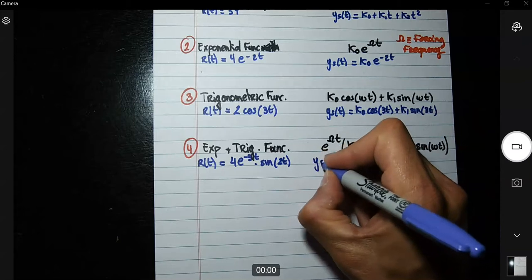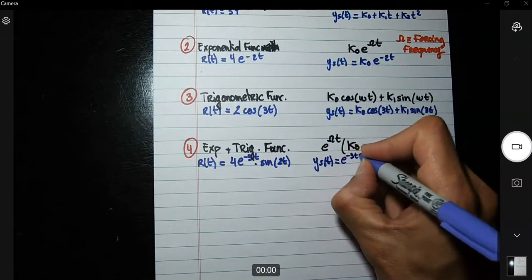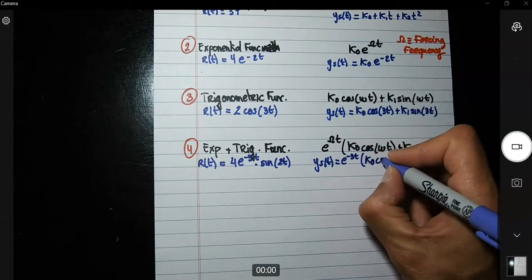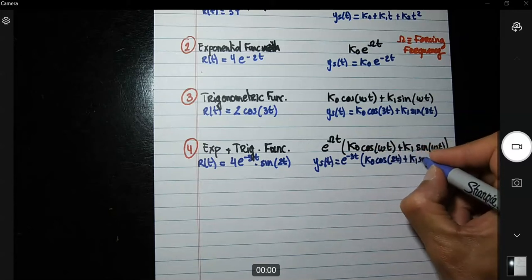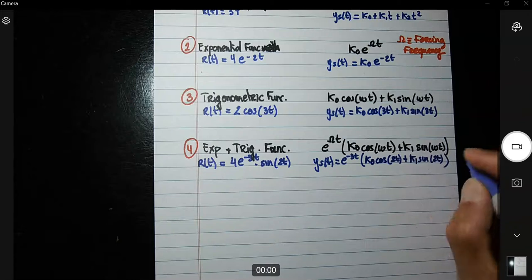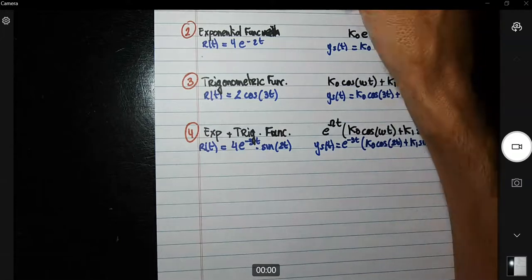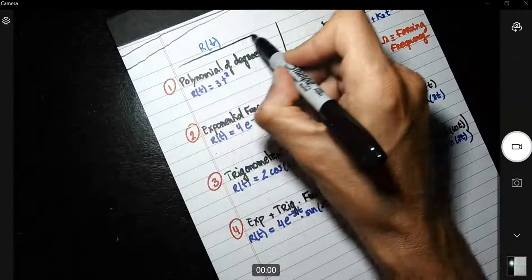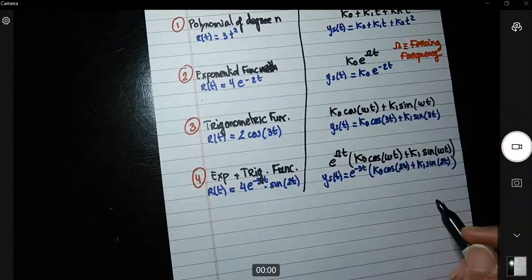In that case, the specific solution will be exponential of minus 3t times k naught cosine 2t plus k1 sine 2t. Okay, so this would be our table over here.